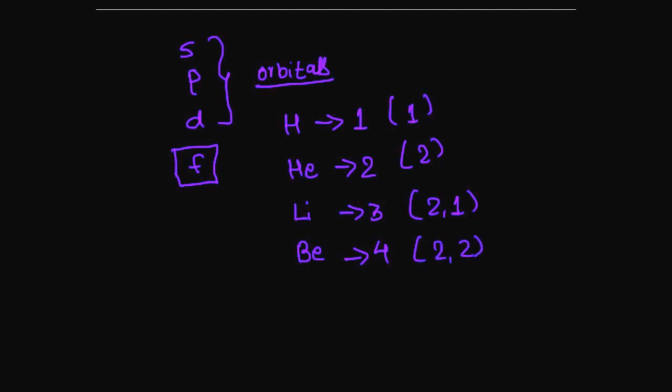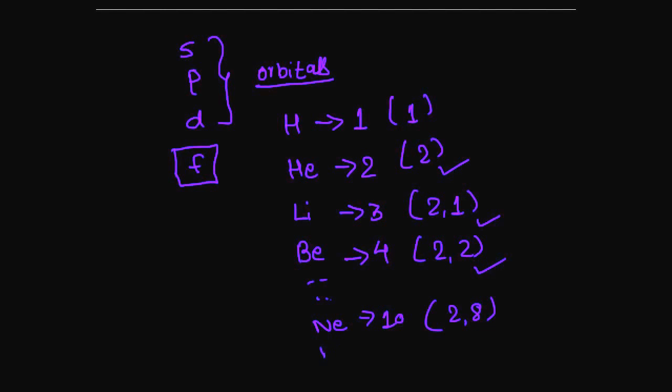As we have learned earlier, the first cell holds up to only 2 electrons, and after that the electrons are filled in the next cell, so 2, 1, 2, 2, and so on up to neon, which has 10 electrons, 2, 8.